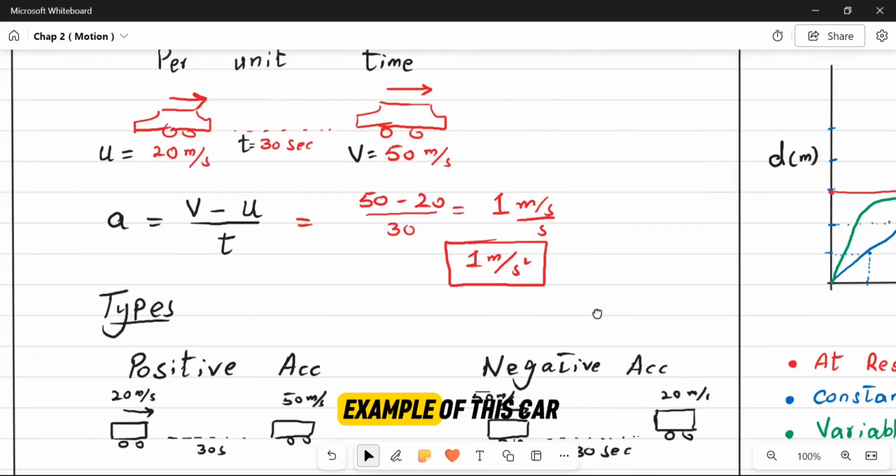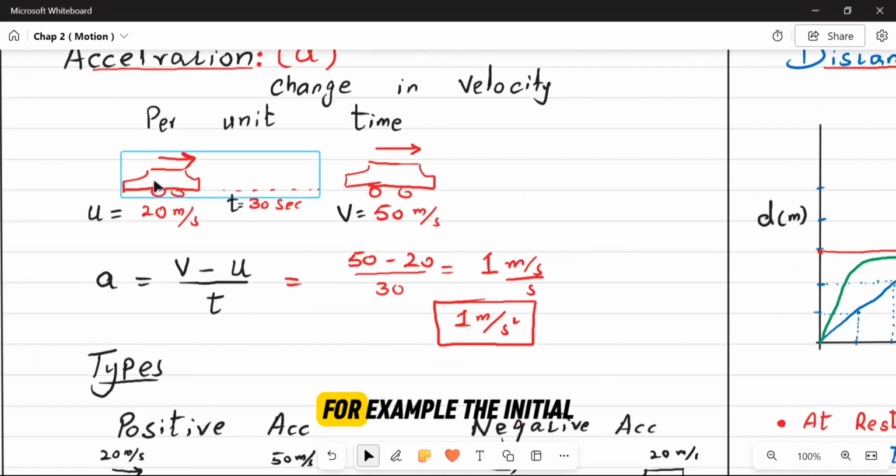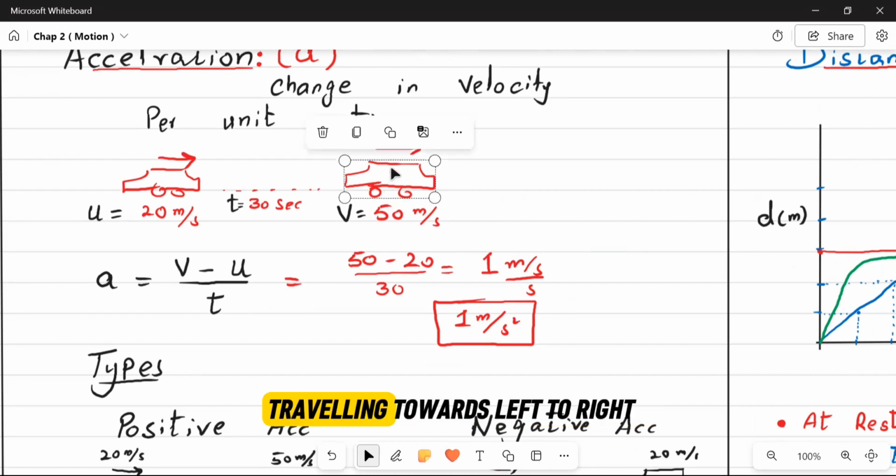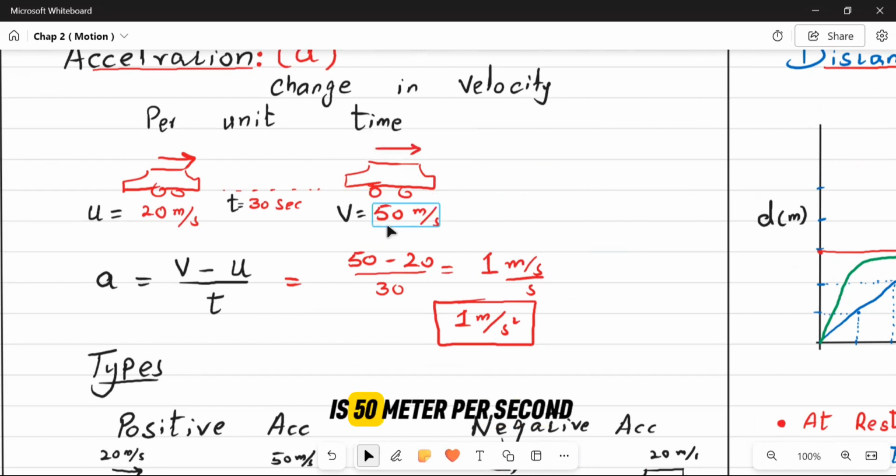If you take the example of this car, the initial speed is 20 meter per second, the final speed is 50 meter per second. Speed is increasing. So in this case, the acceleration is positive acceleration. For example, when this car is traveling from right to left, first the speed is 50 meter per second.